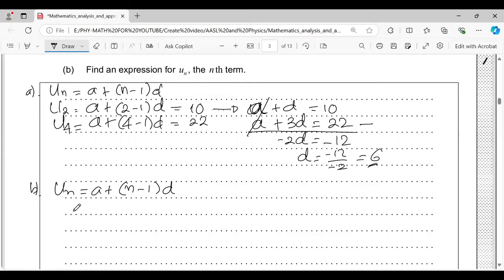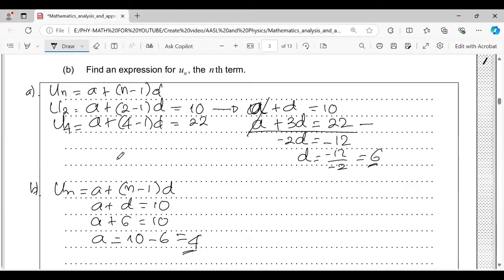So u2 equals 10 means a plus d equals 10. Substitute 6 into this equation: a plus 6 equals 10. So a equals 10 minus 6 equals 4. So a equals 4, while d equals 6.